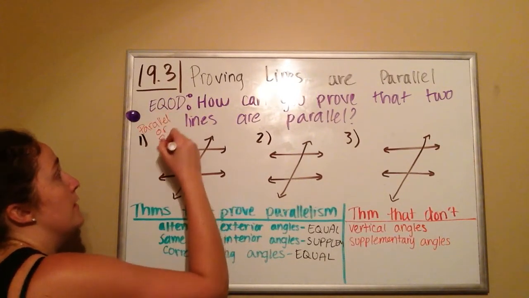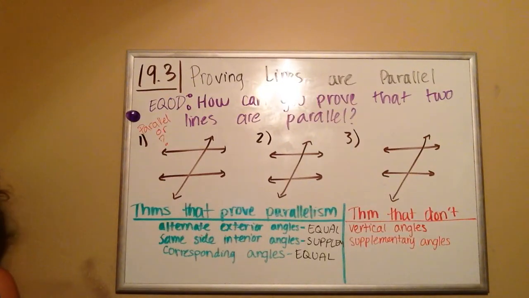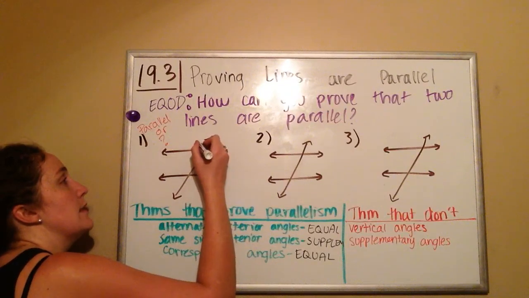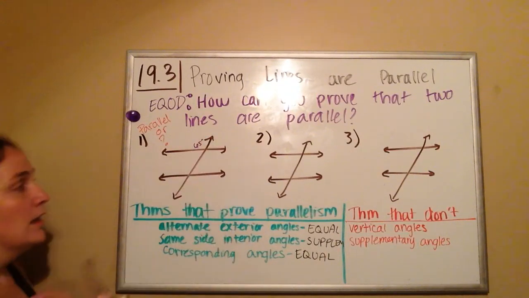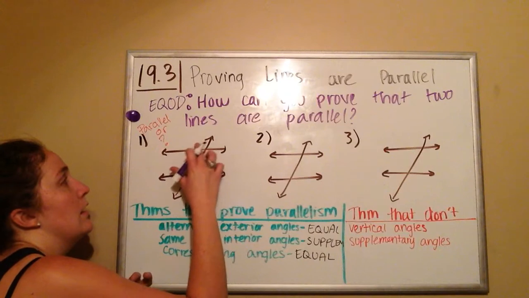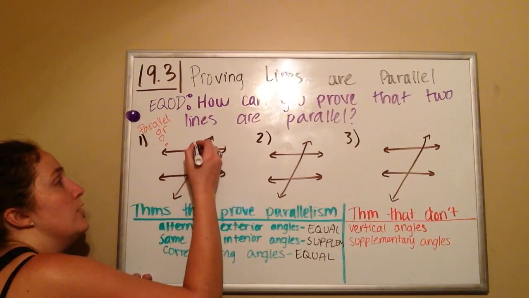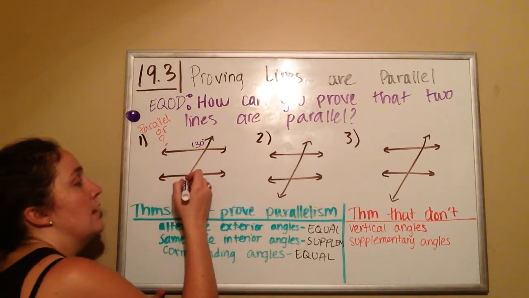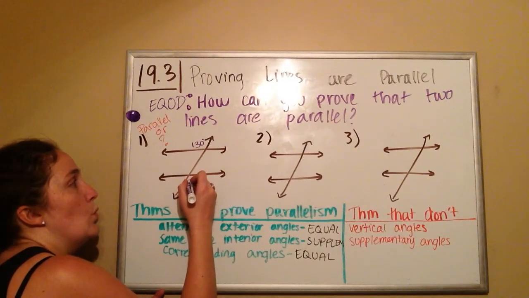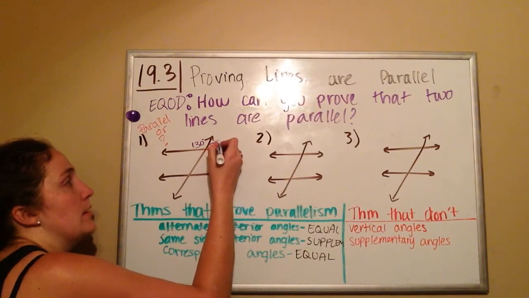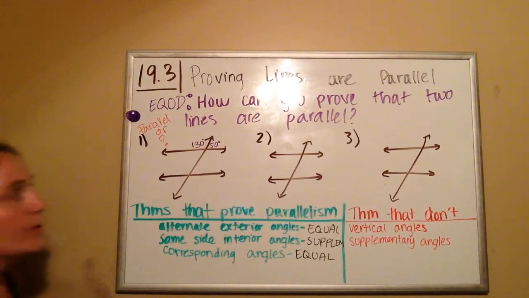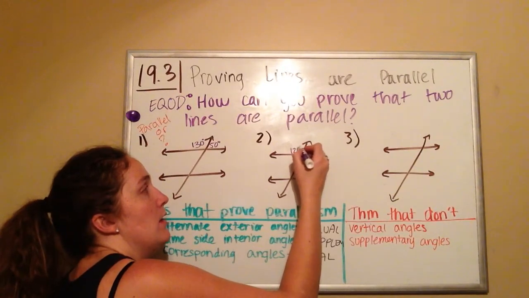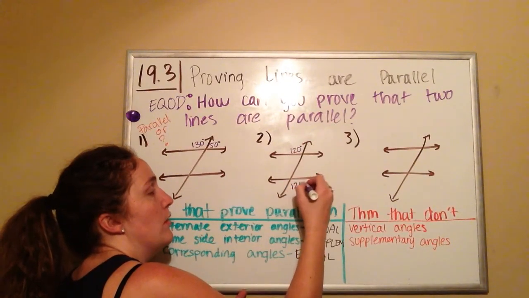So this one right here, number 1, I'm going to give you that this is 65 degrees. This is 130 degrees. And that this is 50 degrees. For here, I'm going to give you guys that this is 120 and that this is 120.